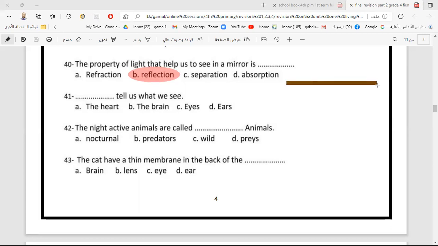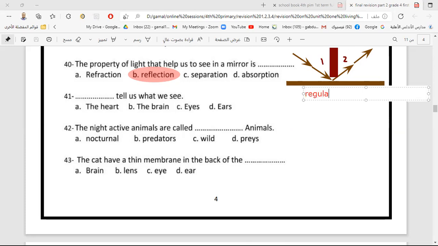If you have a mirror like this and a light falls on it, the mirror reflects the light in the same direction and at the same angle, and you will see yourself in it. Excellent. If you measure the angle here, it will be equal. Angle 1 equals angle 2. The angles are equal, so this is called regular reflection. This is called what?